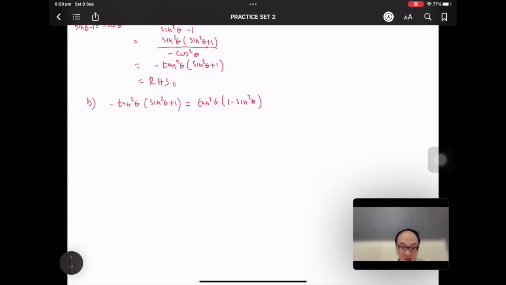So we can expand first. Tangent square theta sine square theta minus tangent square theta equals tangent square theta minus tangent square theta sine square theta.